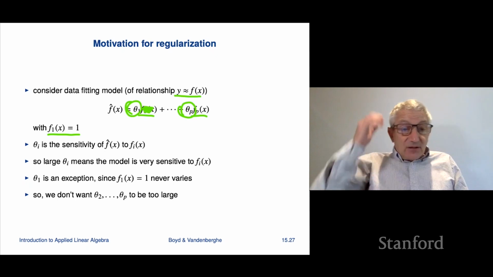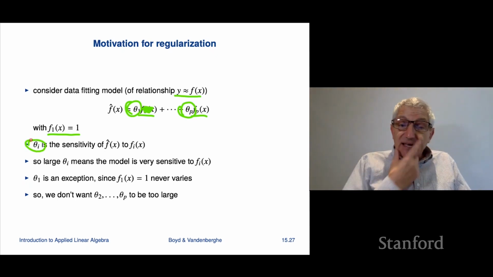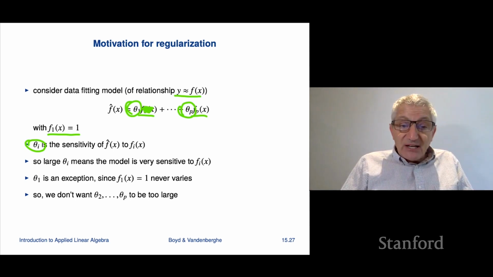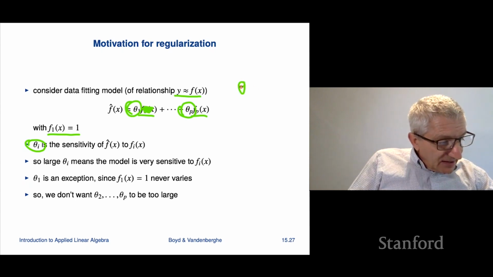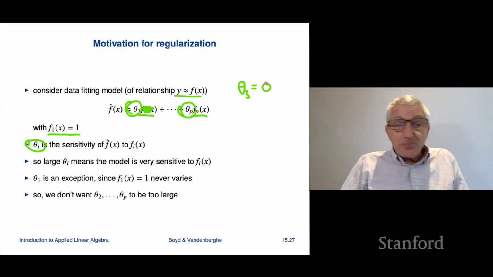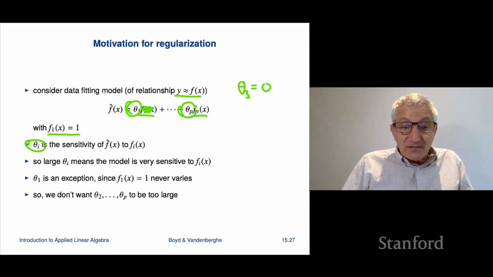Now, recall that one interpretation of what theta i is, is how sensitive our prediction f hat of x is to fi of x. So for example, if I told you that theta 3 equals 0, you would conclude that, in fact, f3 of x has no effect whatsoever on our prediction.